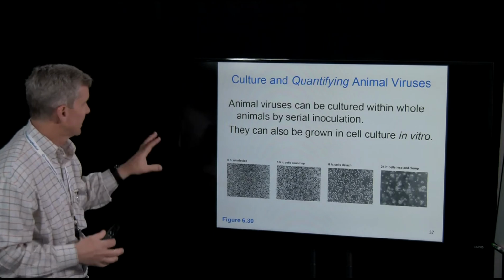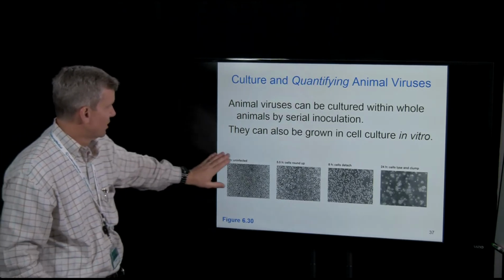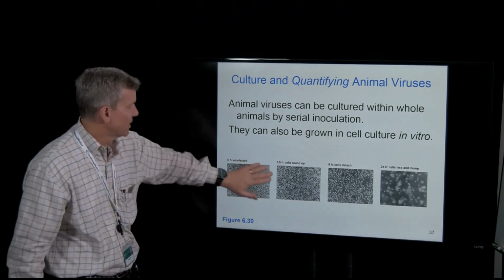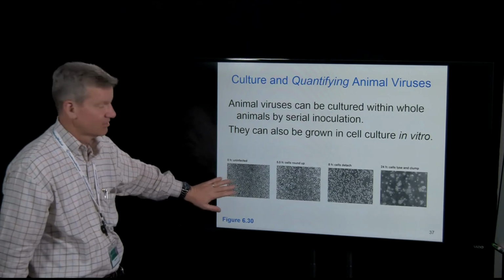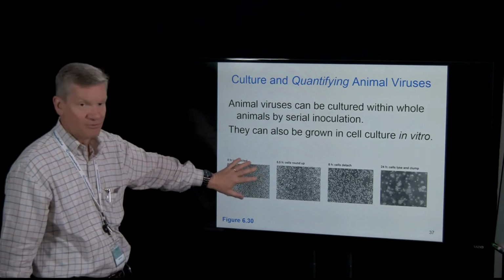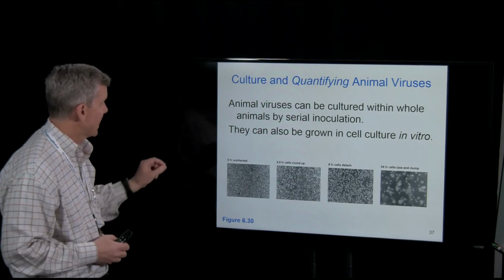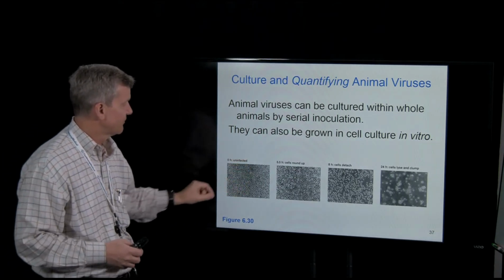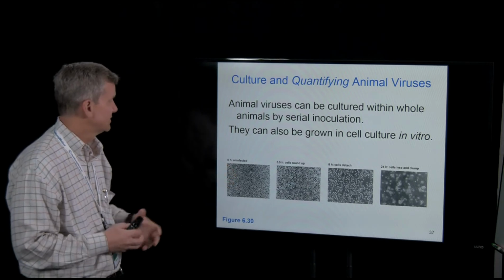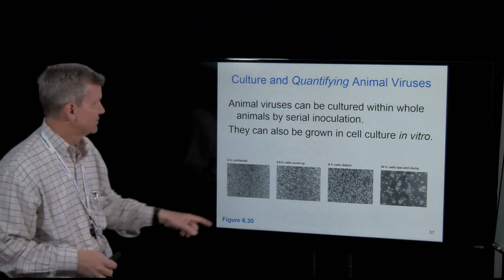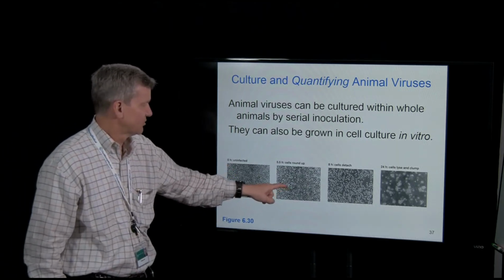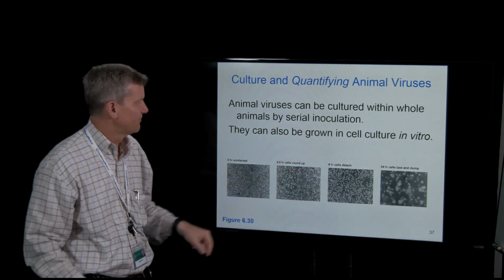Anyway, this is what a monolayer of cells would look like if we grow it on plastic. Some of you may have seen this if you're working in laboratories. If we add a virus that will infect these cells, the virus starts doing weird things to the cell.